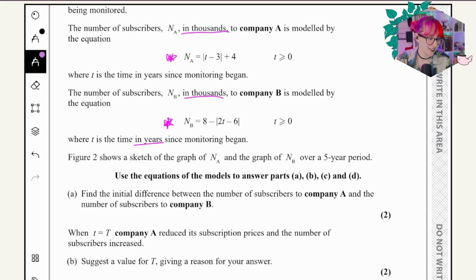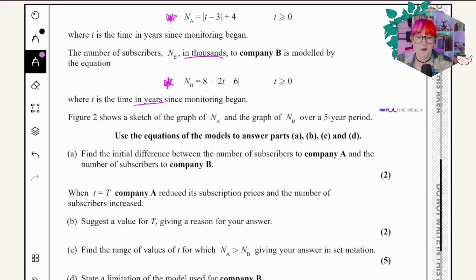Okay, anyway, let's look at the question. Find the initial difference between the number of subscribers to company A and company B, so when they both started. Part B: at some time T, company A reduced its subscription prices and the number of subscribers increased. Suggest a value for T given your answer. This is explicitly saying to use the equations.